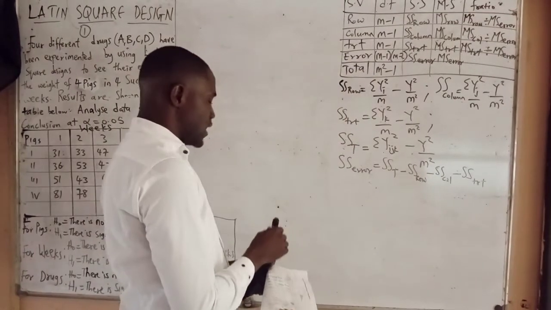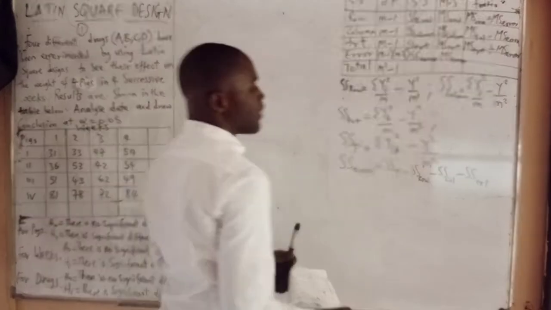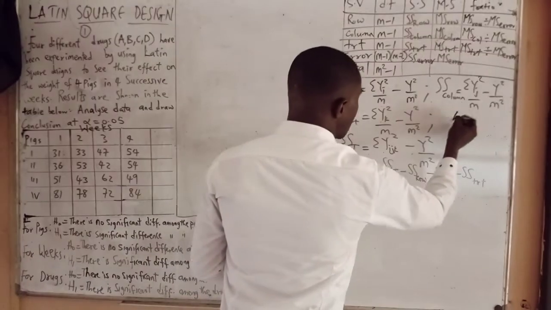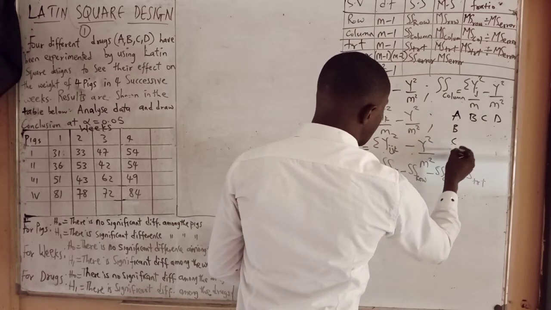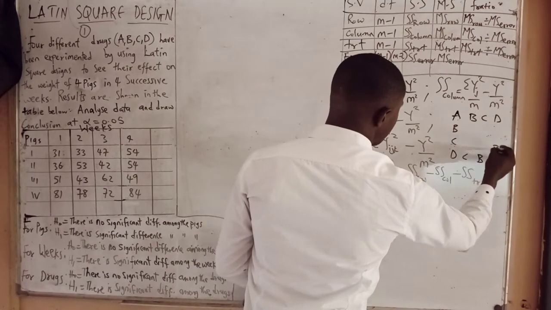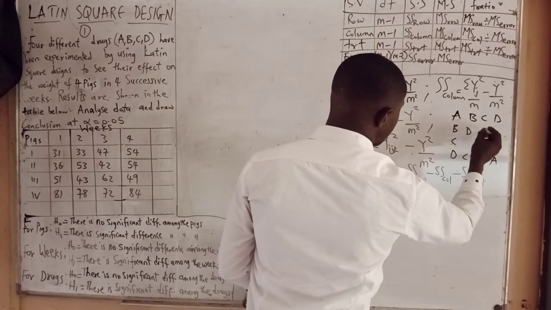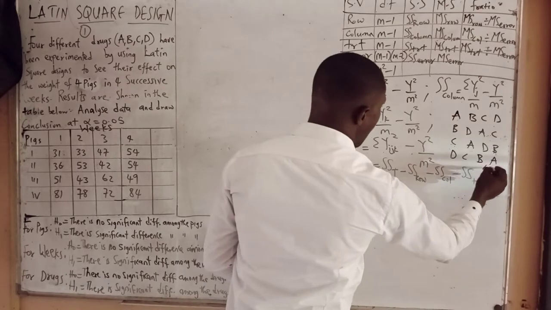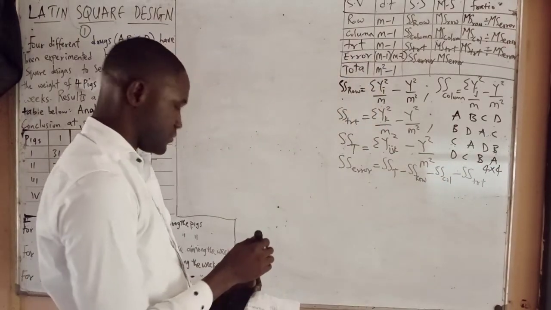We said in the video before this that the treatment is gotten by randomization method, and you randomize this way: A, B, C, D, B, C, D, A, B, C, D, B, C, D. Then you say here is D, here is D, here is A, and here is A. So that is how to randomize a 4 by 4 matrix, or 4 by 4 Latin square design.